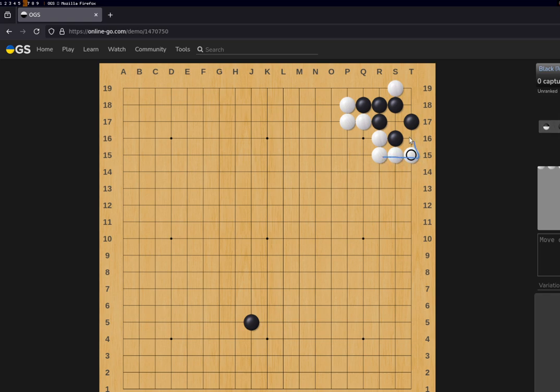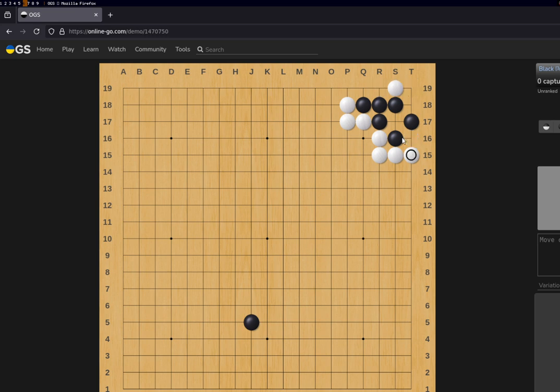Descending, aiming at playing this Atari and falsifying the eye. And the point is, if black stops you, once again he has made this empty triangle on the first line, and you can Atari him for a ko. Now black can try and resist by throwing in the corner, but this is also ko. So the ko cannot be avoided.